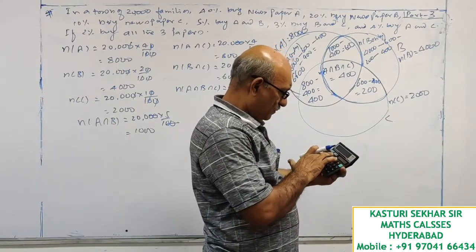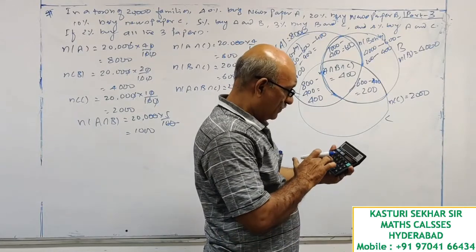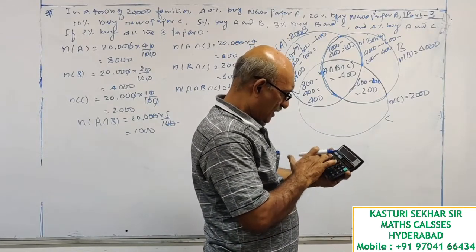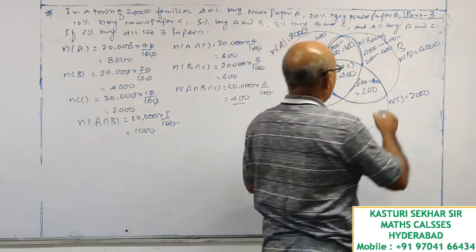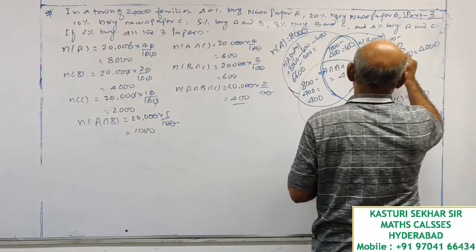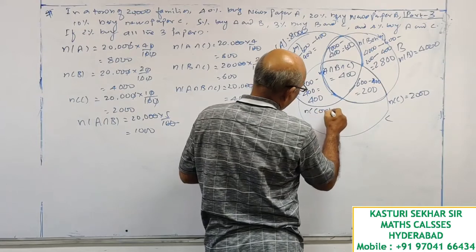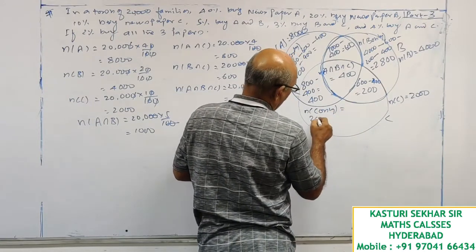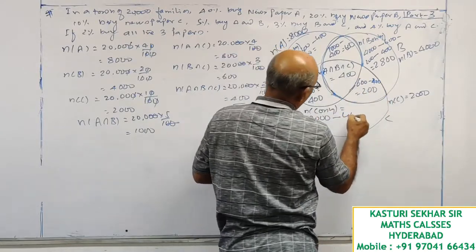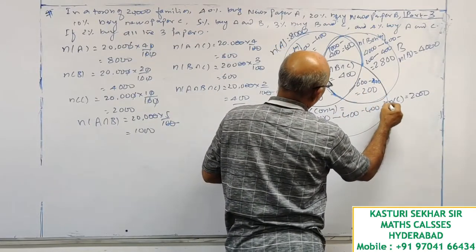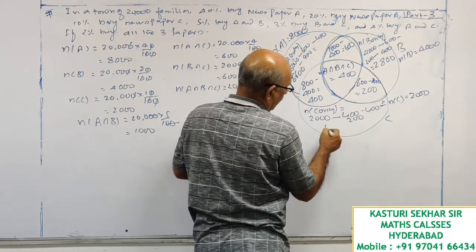So 4,000 minus 1,200 is 2,800. Now N of C only is 2,000. From this you subtract these three parts, 400, 400 and 200, which gives 1,000.